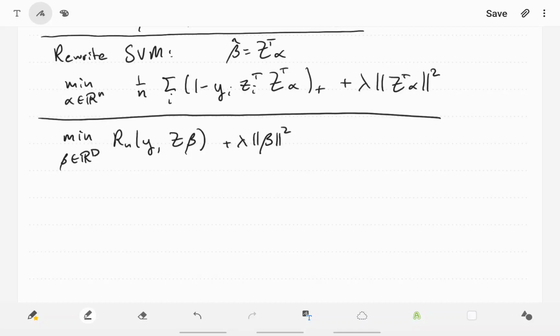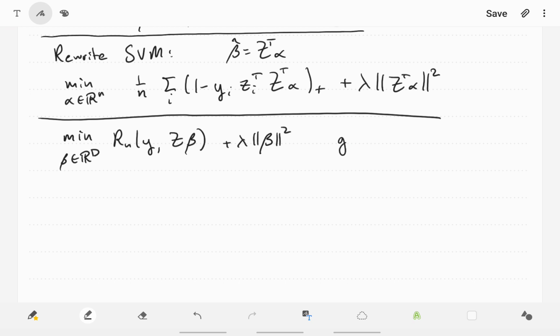We can follow the same logic as before. The only thing we required is that the first term had only a dependence on beta through z beta. Then we knew that movements in the orthogonal component had no change on that first element, and the only thing that changed was the 2 norm, and to minimize it we would set the orthogonal component to 0. So that's the first thing.